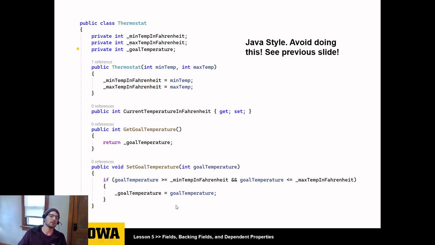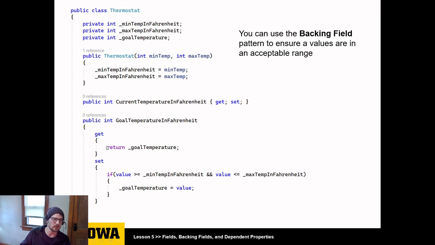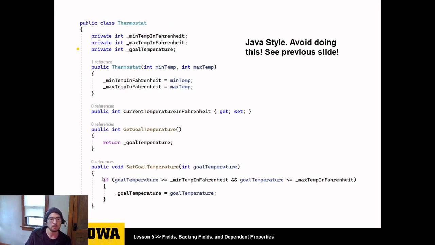Okay, so this is the Java convention. This isn't Java code, but it's the Java convention. And we'll avoid this in C#. We'll want to use this syntax here. But if I had to make an argument for why this is a good pattern, it's that by default or by convention, you are saying everything about a class should be private, right?